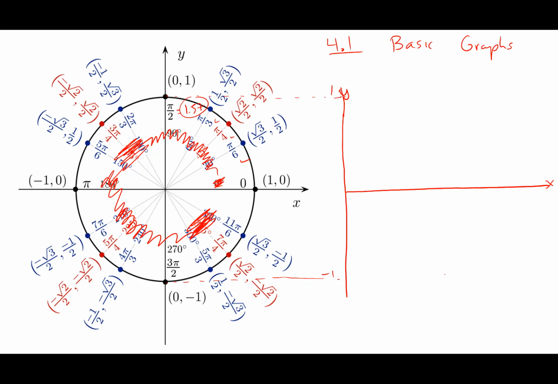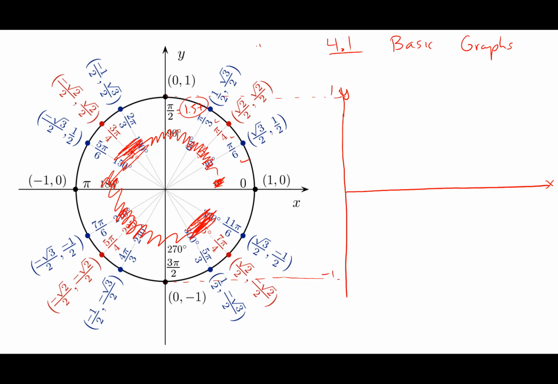The second thing we've got to think about is angle measurements. All the way around the unit circle, you go from 0 to 2 pi. You've got 0 to 2 pi, and my pen is failing me here. Let's see.